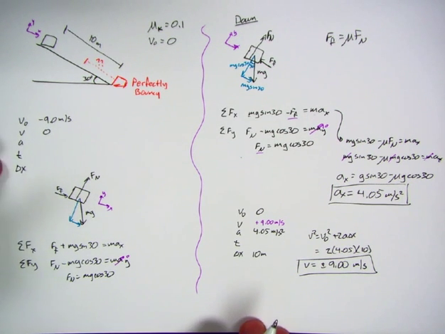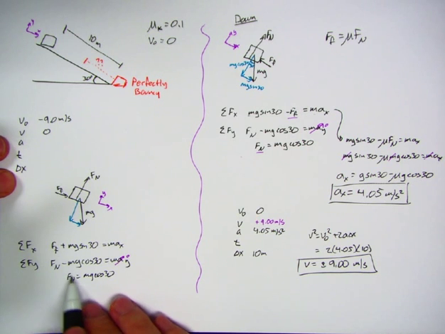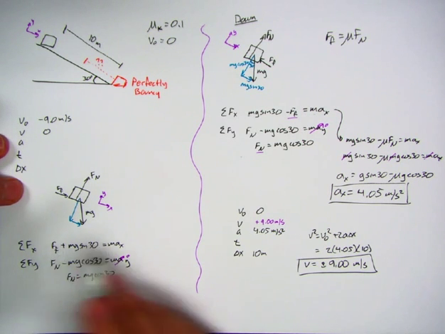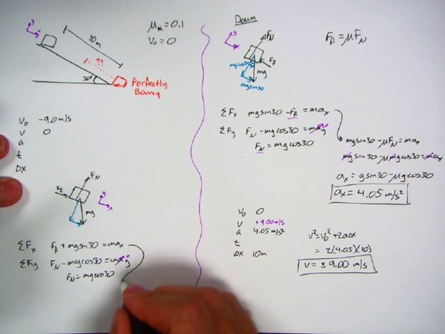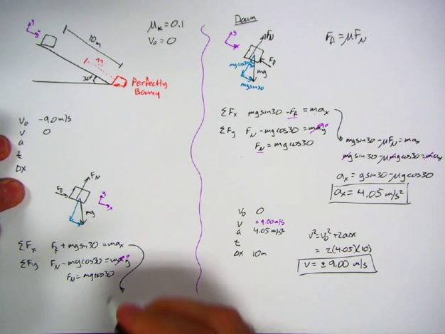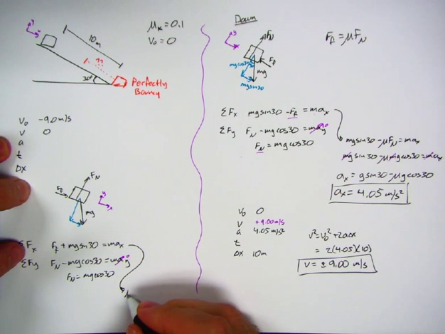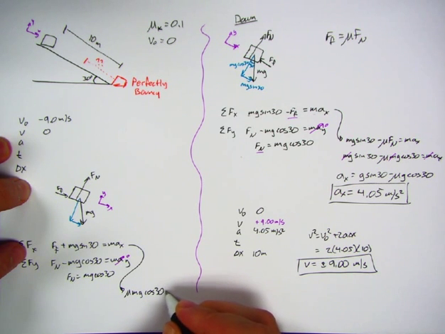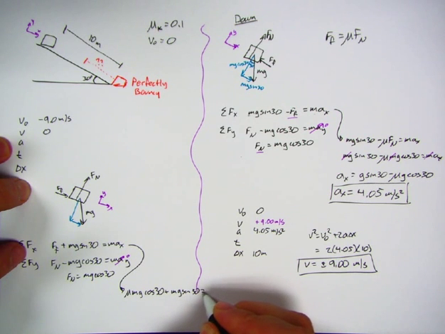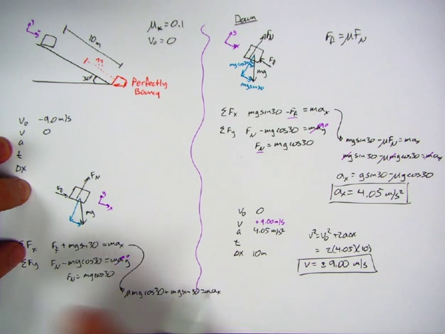What that means is, again, I can do force of friction as mu F normal, so I can take this guy and say mu F normal, so mu mg cosine 30 plus mg sine 30 equals mass times acceleration in the x direction.